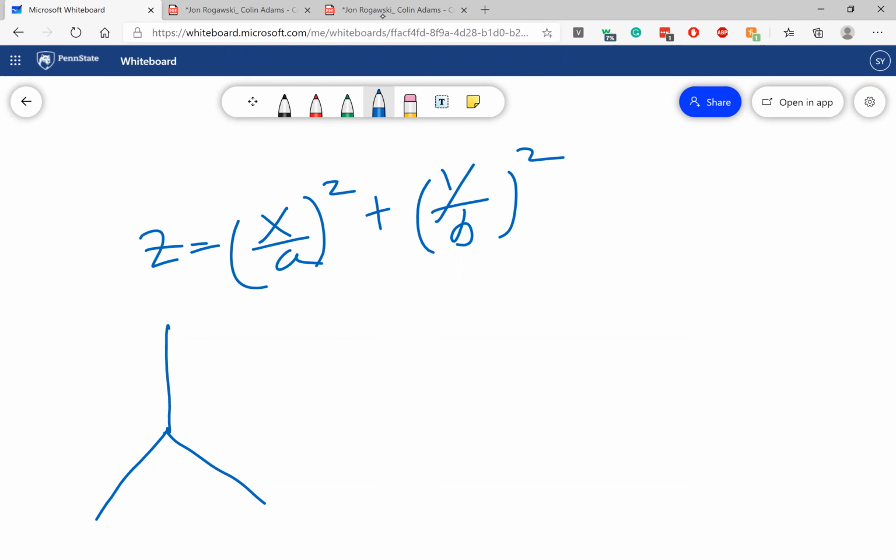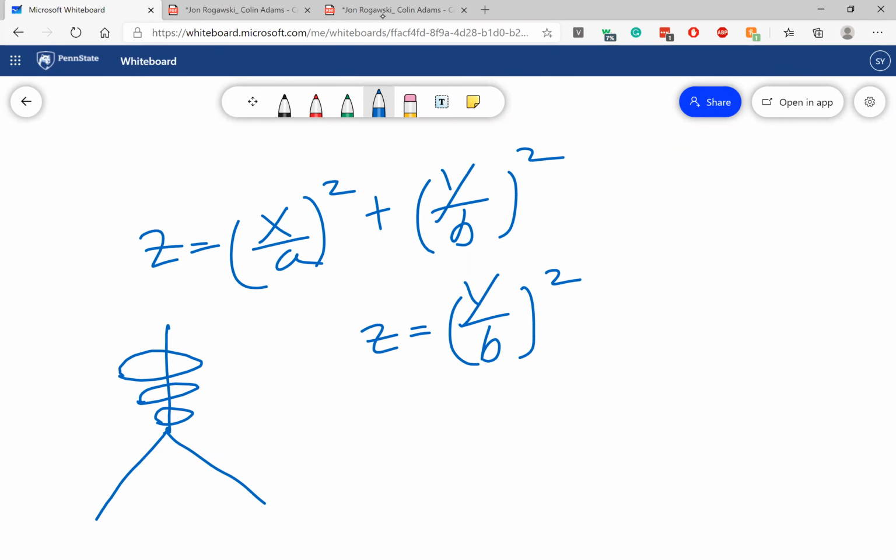So we would start at a point and get an ellipse and a bigger ellipse. Okay. And there is no negative z because this can't be negative, because this side is positive. Now, if we have x equal to 0, then we would get z equal to y over b squared.